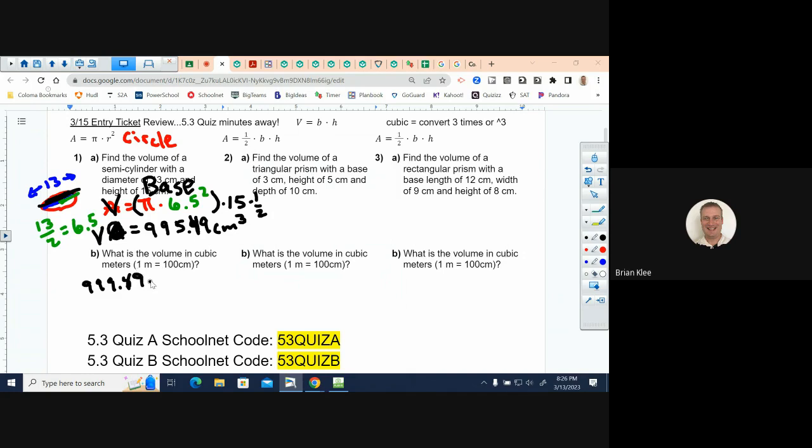So now we're turning that 995.49-ish, and that's cubic centimeters. That means we got centimeters times centimeters times centimeters. Well, to cancel that out, centimeters is in the numerator, so we need centimeters to show up in the denominator.